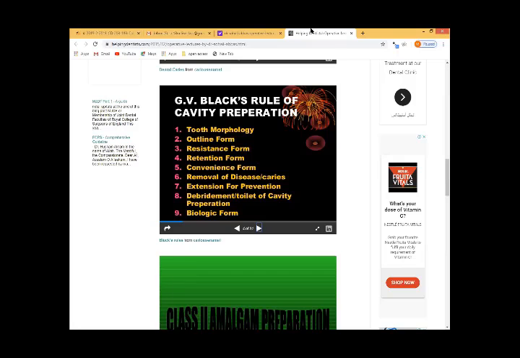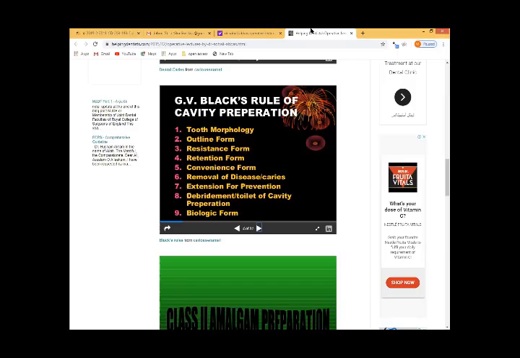And here is another very important factor. If we are making this occlusal surface, there is a floor. The floor is towards the pulpal side and the axial wall is also towards the pulpal side.